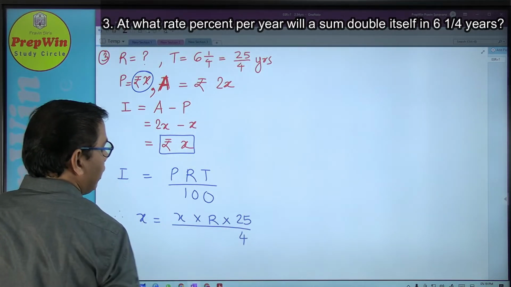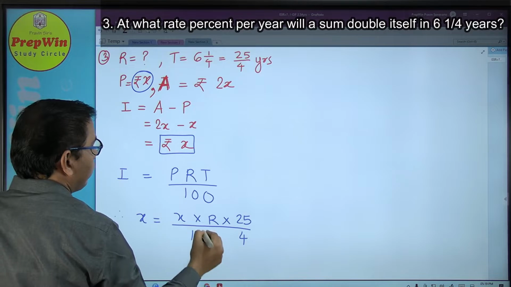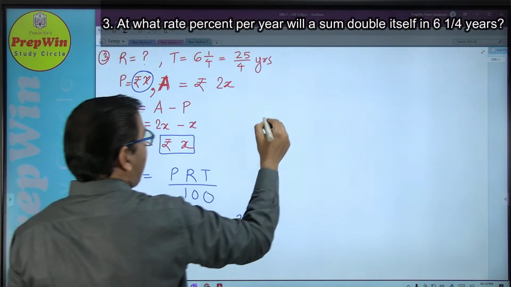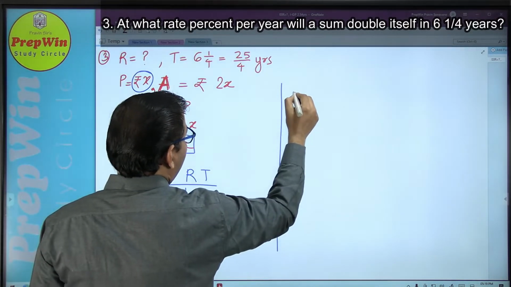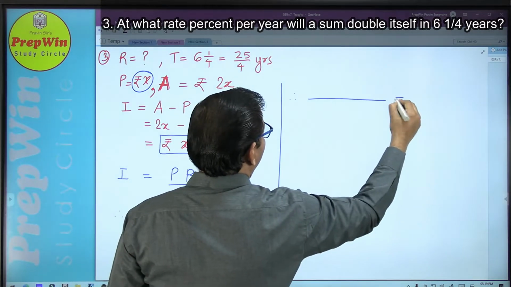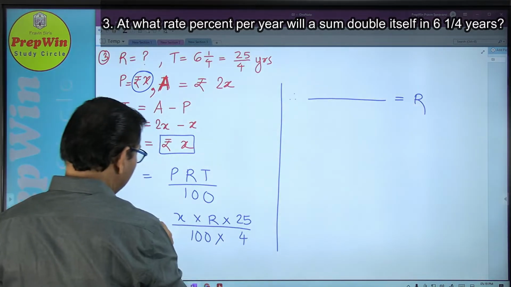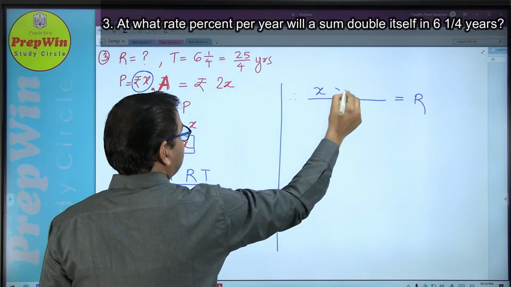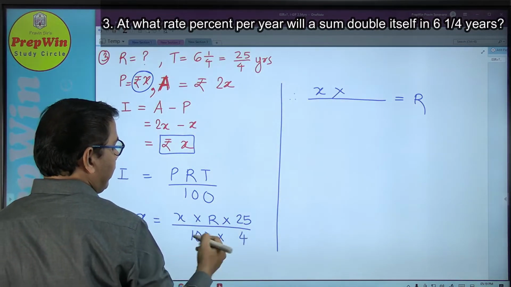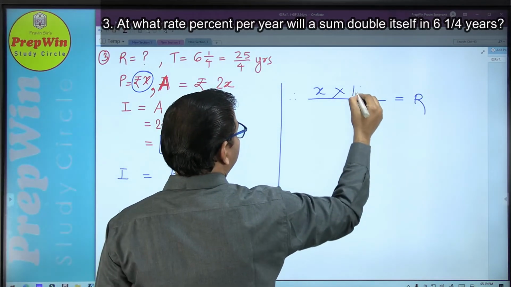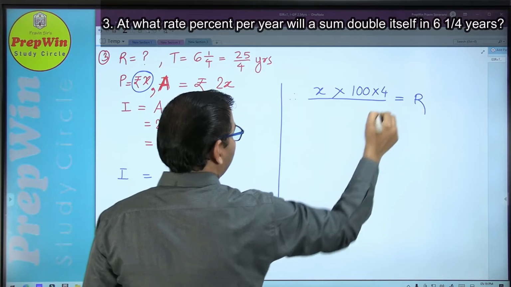So 25 upon 4, and in denominator 100. Okay. So if I have to find out the value of R, what I will do is I will cross multiply. So what is on the right hand side? X. So this denominator 100 by 4 by cross multiplication goes in the numerator.